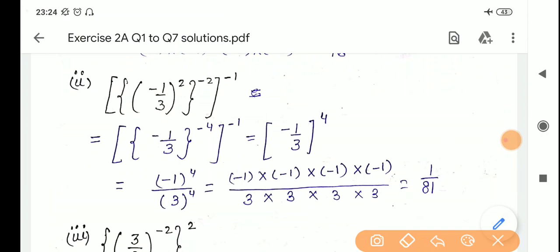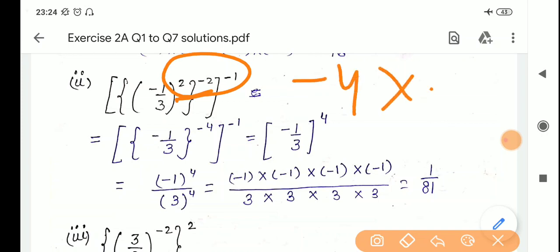Now the second part, (((-1/3)^2)^-2)^-1. Clear? We can solve the power here only. 2 multiplied by -2 is -4. -4 multiplied by -1 is plus 4. So here we will get (-1/3) raised to the power 4.